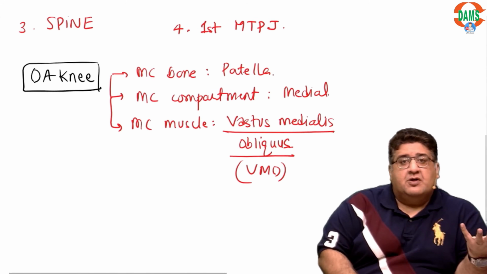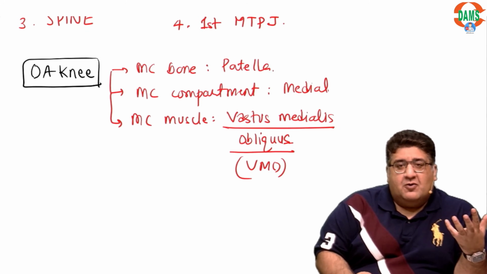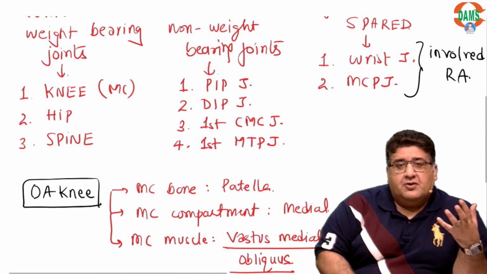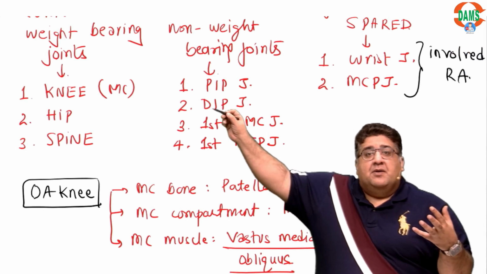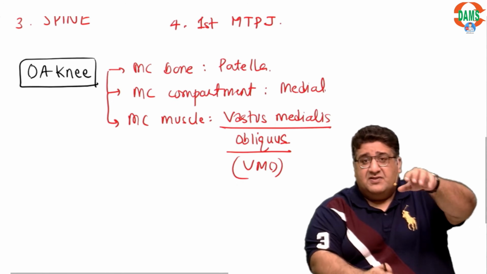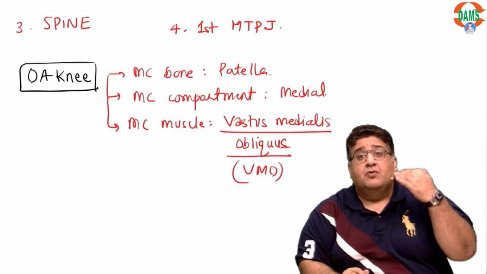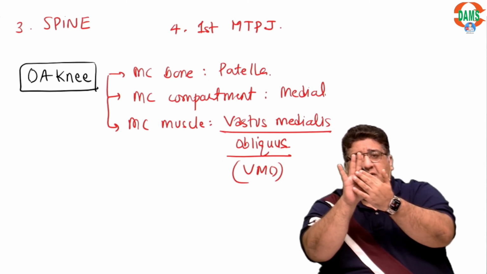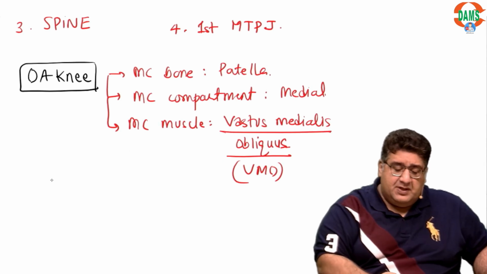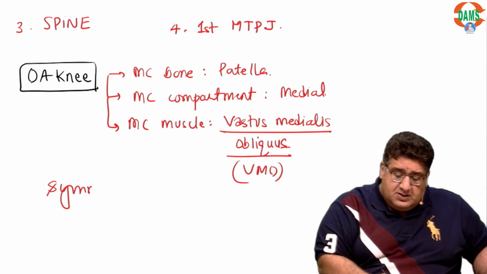Since we have spoken about this, I think we need to talk about one more thing. I hope you remember that I told you the two common non-weight bearing joints are PIP and DIP. And if you remember something I said a few minutes ago, you have to take the initiative and look at that hand so that you can find symmetrical enlargements of PIP and DIP.